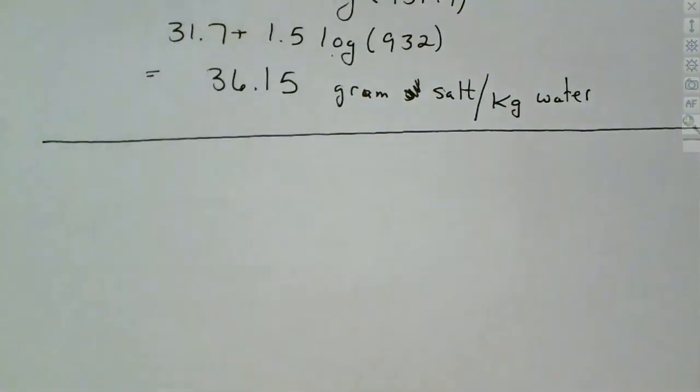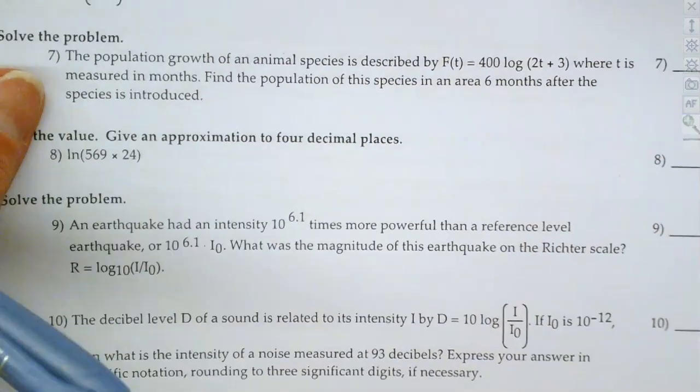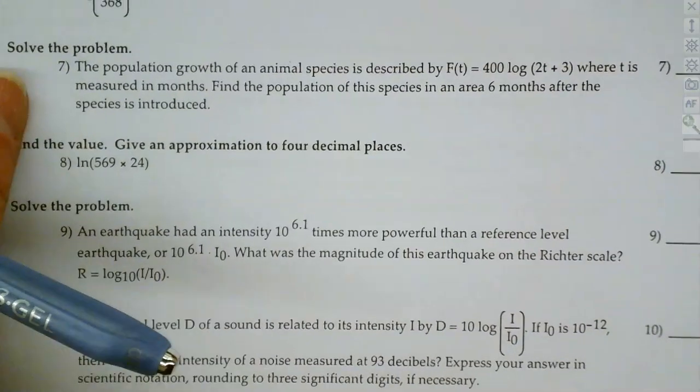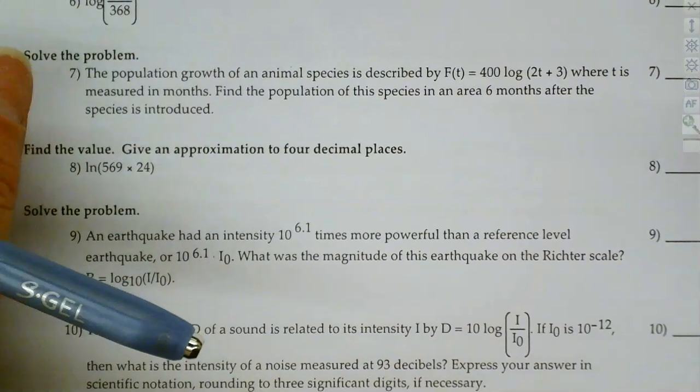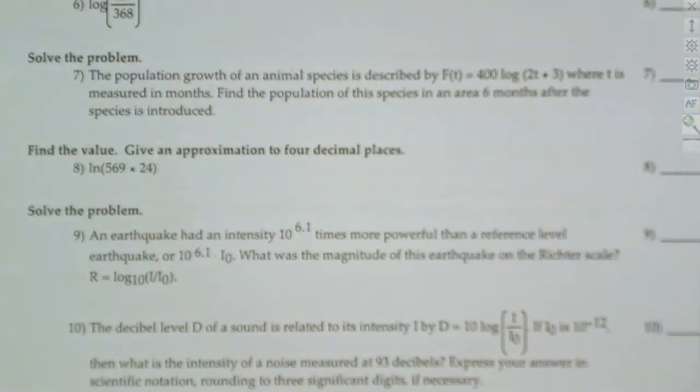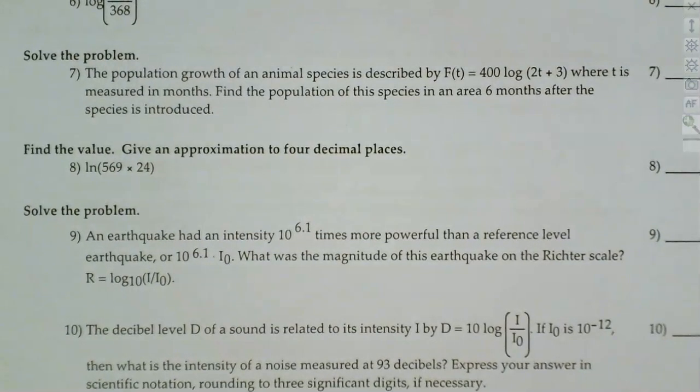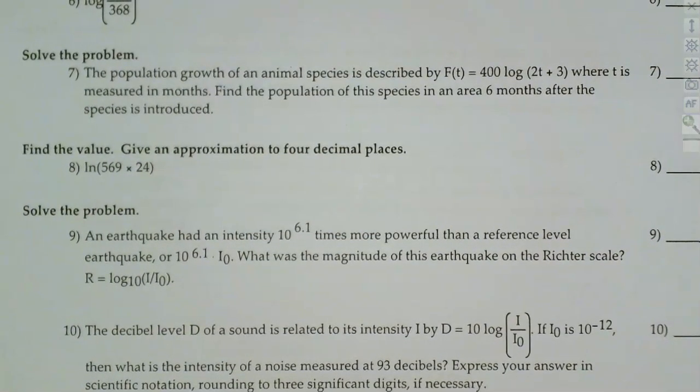And 7 is a population model. Logarithms and exponentials can be used to model populations. So over time, a population is either going to increase or decrease.